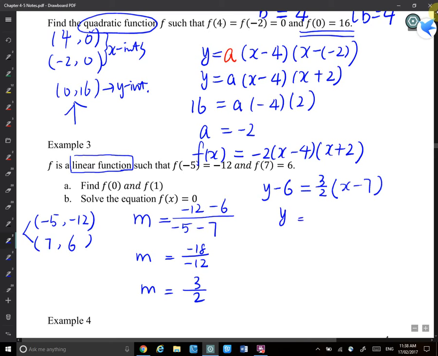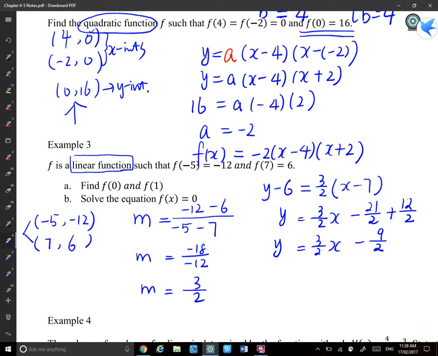So y equals 3 over 2 x minus 21 over 2 plus 12 over 2. So y equals 3 over 2 x minus 9 over 2.